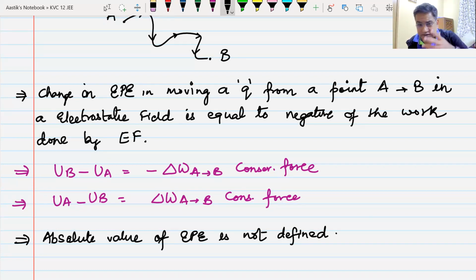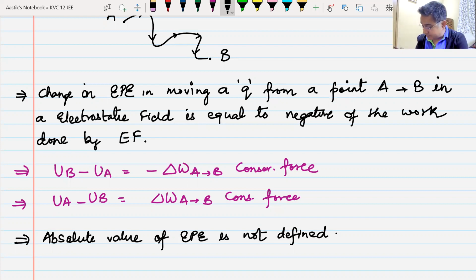Nothing in the universe is absolute. No motion is absolute, no rest is absolute. It all depends on your reference frame. Similarly, this electrostatic potential energy is also not absolute. It cannot be defined in an absolute sense. So the absolute value of electrostatic potential energy is not defined.